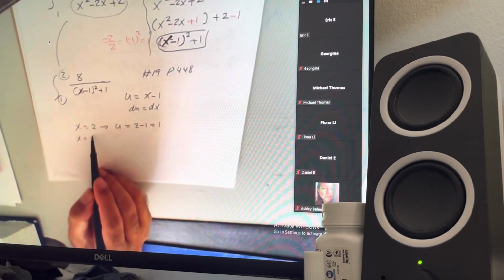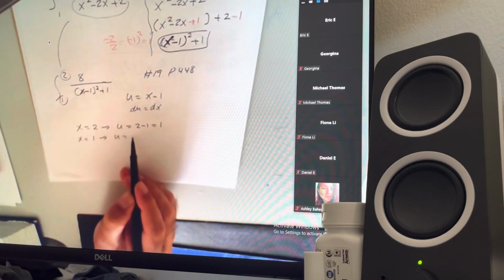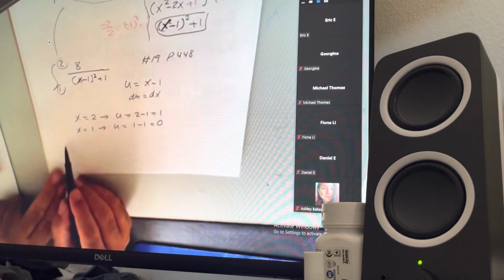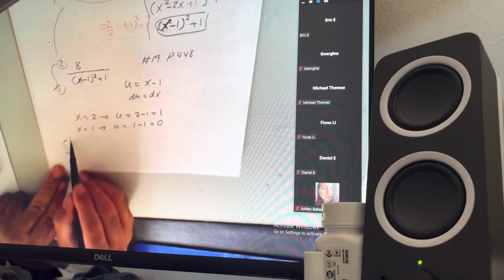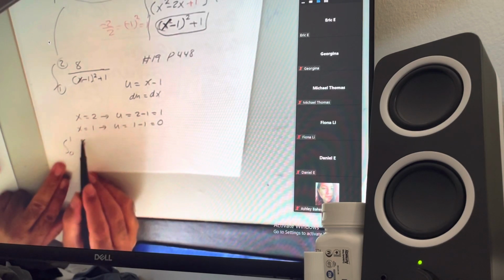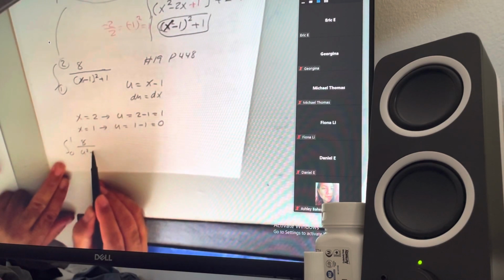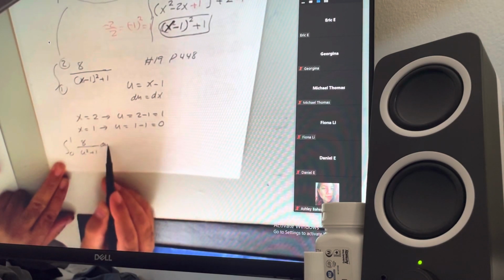If x is 1, u will be 1 minus 1, which gives you 0. So the integral is from 0 to 1 of 8 over u squared plus 1 times du.